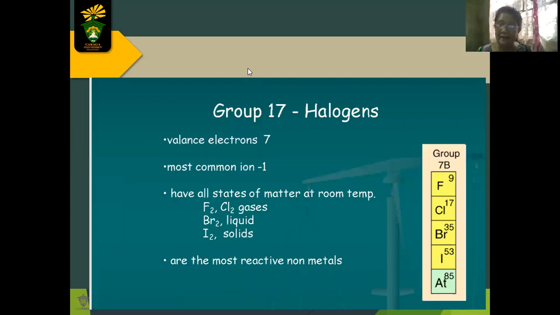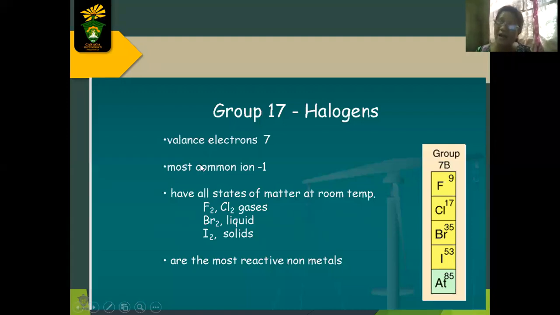Then group 17 or group 7B are known as the halogens. These are the four: fluorine, chlorine, bromine, iodine. Only these 4 are classified as reactive halogens. The most common ion could easily combine with group 1. They have 7 electrons.